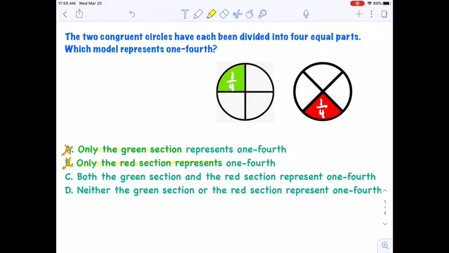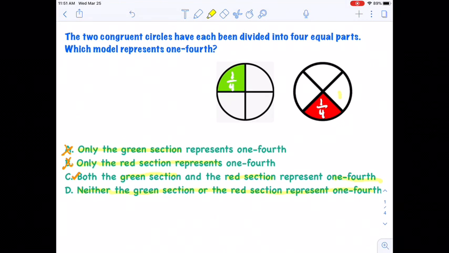Look at C. Both the green section and the red section represent 1/4. Did we prove that earlier? We said the green section represents 1/4 of its circle, and the red section represents 1/4 of its circle. So that is true. What about D? Neither. What does that mean? Neither section represents 1/4.